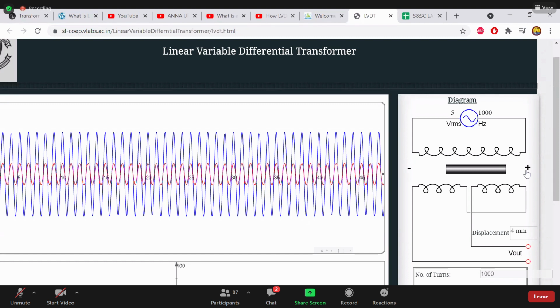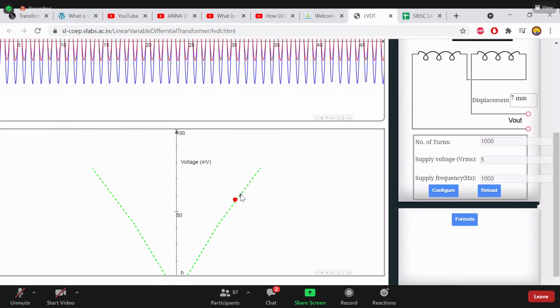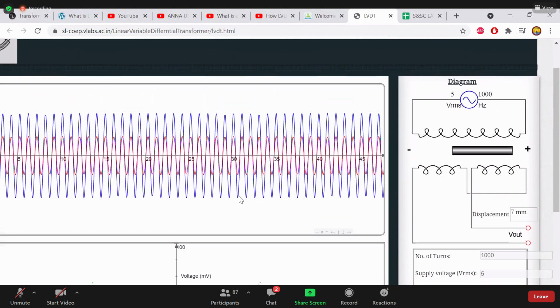If you keep on moving core towards right, red color one is increasing. And if you observe, a dot P will move on the graph. Here we have y-axis. Y-axis units are voltage, and here we have 50 millivolts, and here we have 75 millivolts, and here we have 100 millivolts.